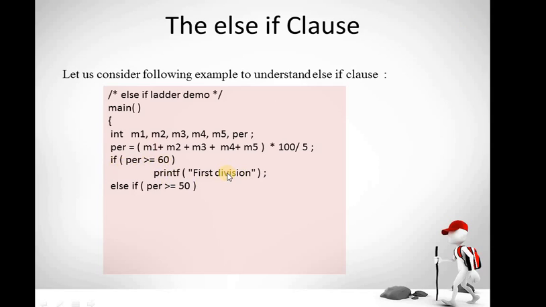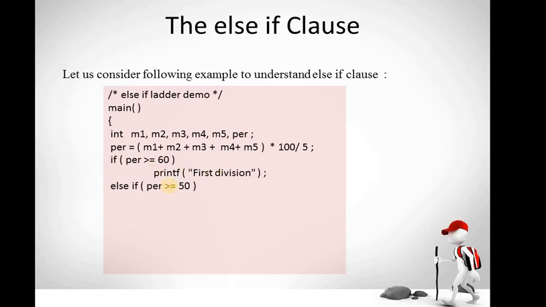But if the condition is not true, the control goes to this else statement, because normally the flow of control is like that. If the condition is true, then whatever code is written in the if statement will be printed. But if the if condition is false, then only control goes to the else.